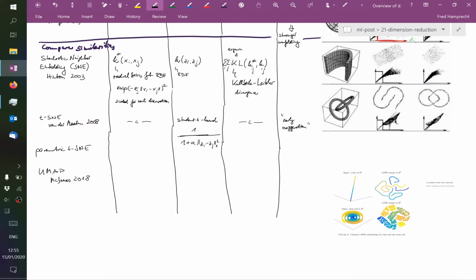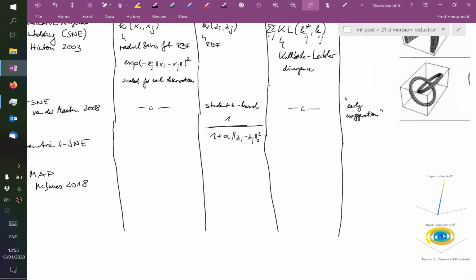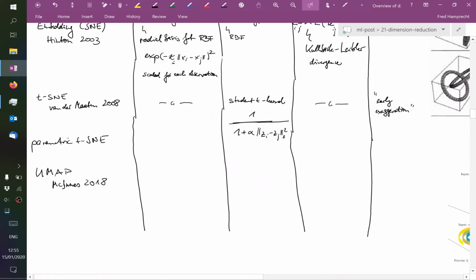Now, the paper has beautiful 20 pages of pure math, and a lot of topological arguments are being made, and what they lead up to in the end is a different similarity kernel in the high dimensional space.